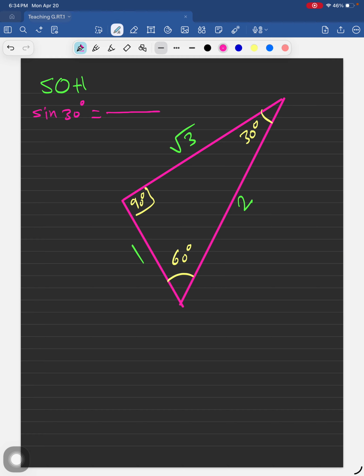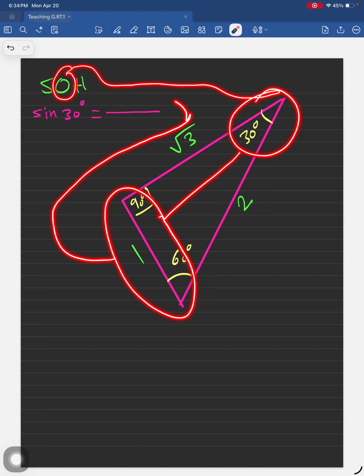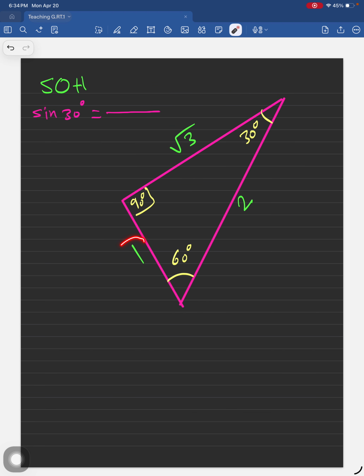The O here represents the opposite, and here is the 30, and the side opposite to the 30 is 1. So we take the 1 to the numerator, like this, equal to 1.